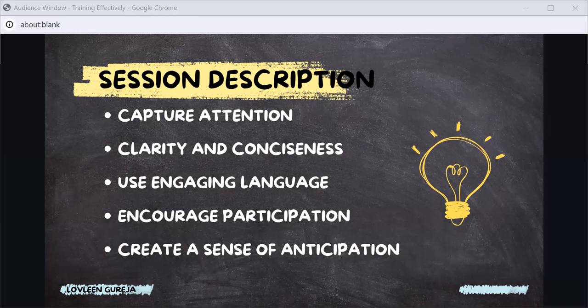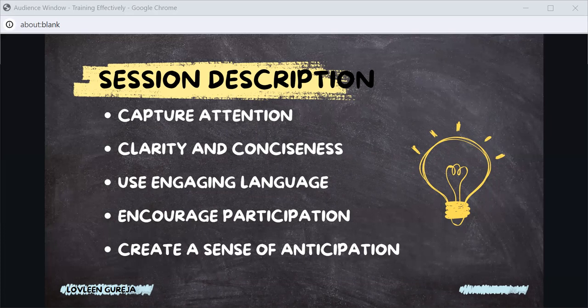Include details such as date, time, and how long the duration of the session is going to be. If applicable, also share any information related to material, or prerequisites that participants have to complete or should be aware of before they start sitting into this session. Express the interactive nature of the session.